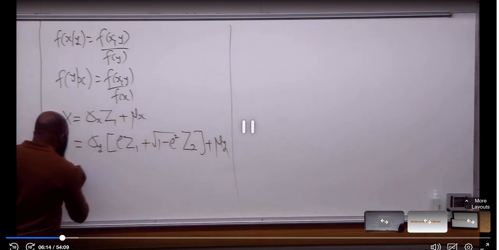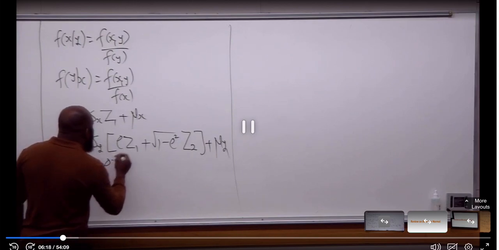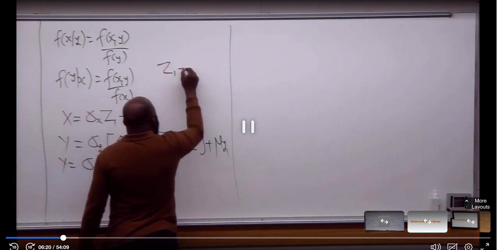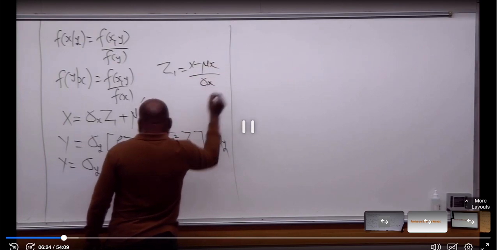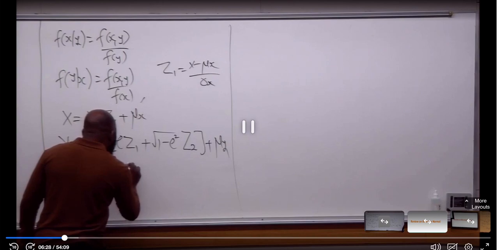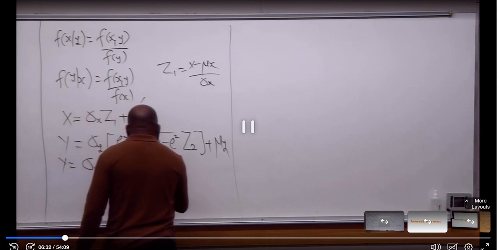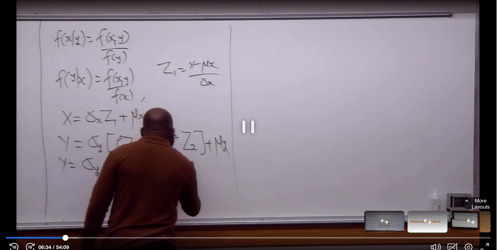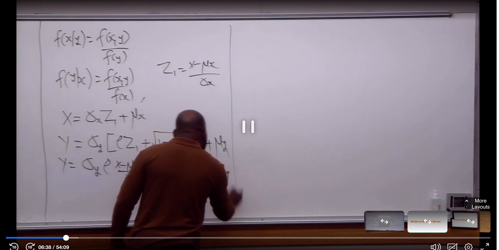So if I simplify this, your z1 is x minus mu x over sigma x, and y is sigma y times the square root of 1 minus rho squared times z2 plus mu y.